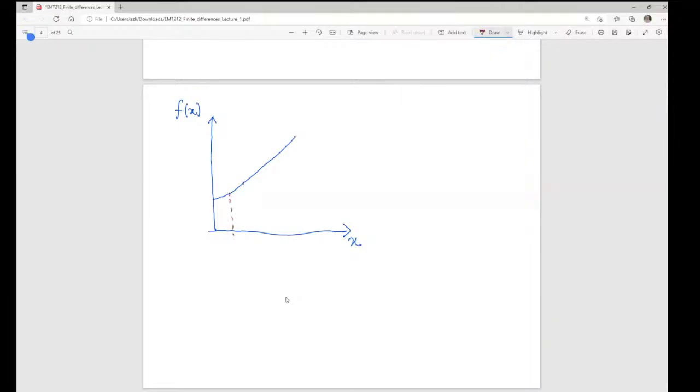A derivative is the slope of the curve, right? This is x, this is x plus h. This is f(x plus h).